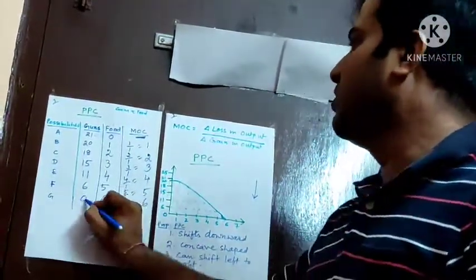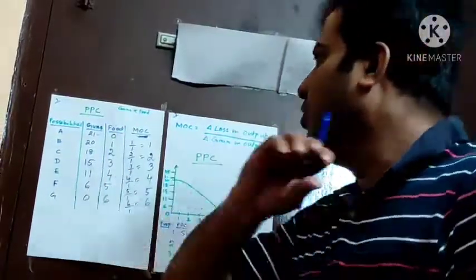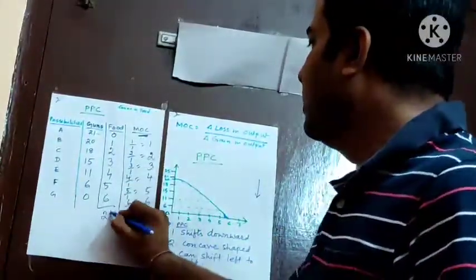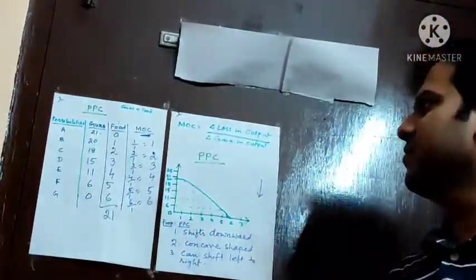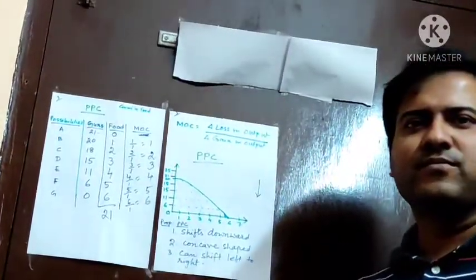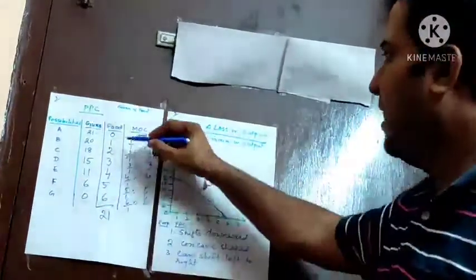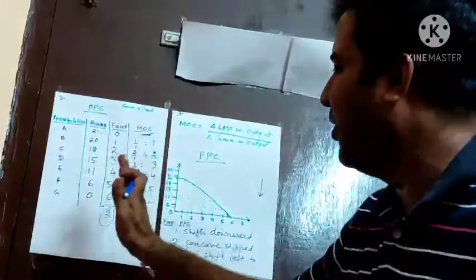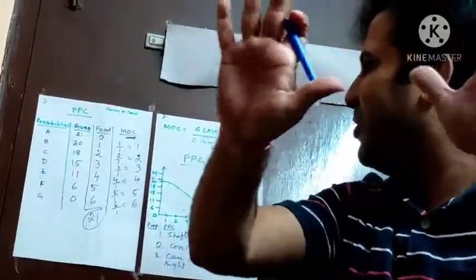Now there will be no workforce left to produce guns. Add up everything, you will get 21. Suppose this is 21 crore population.